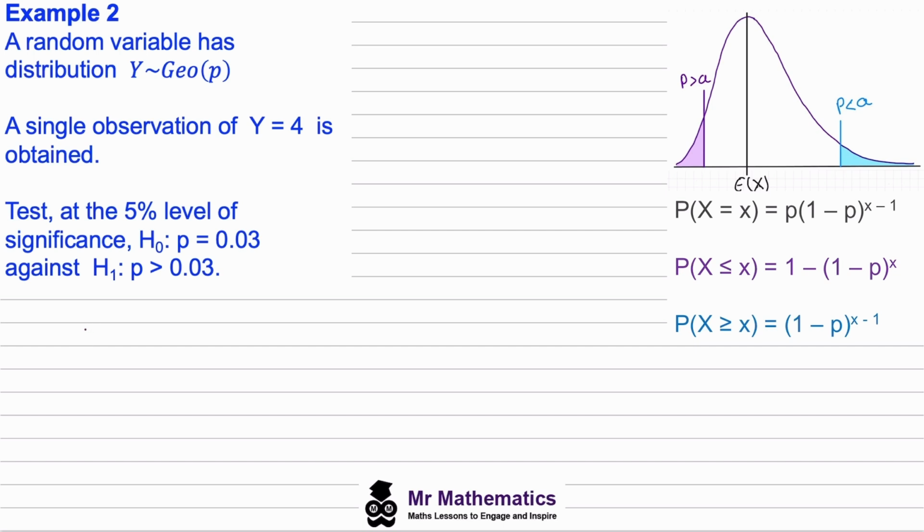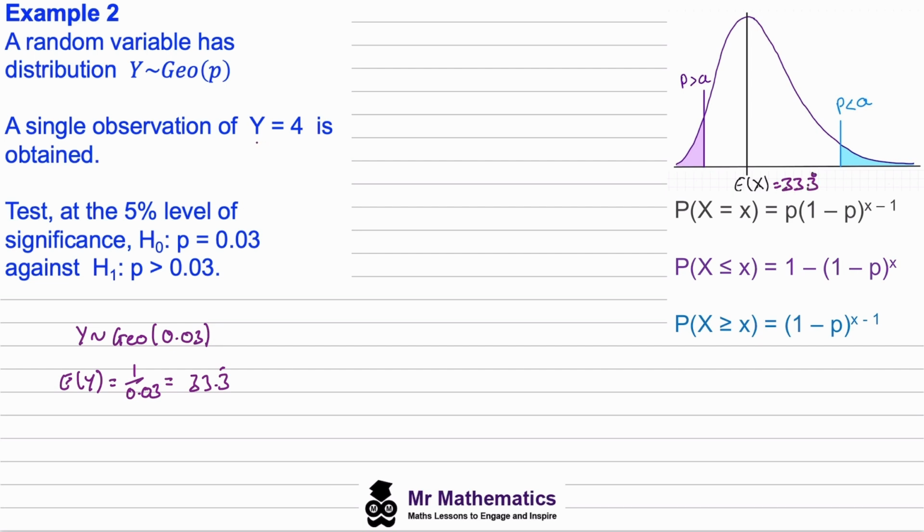So if we define our distribution, that Y is distributed geometrically with a probability of 0.03, and we work out our expected value of Y as 1 over p, then this will give us 33.3 recurring. And we can mark this on our distribution as our expected value.